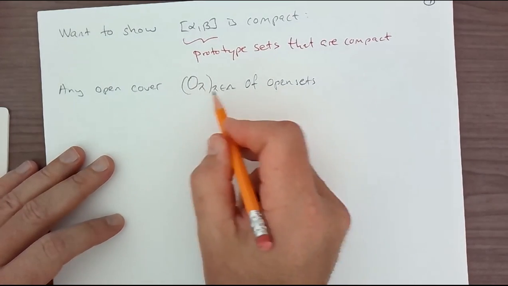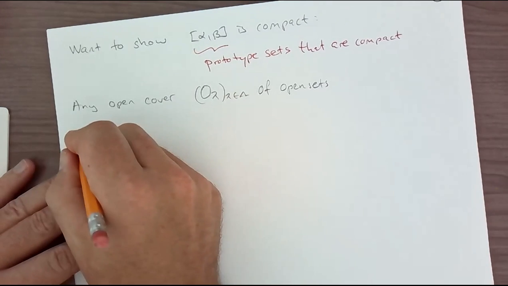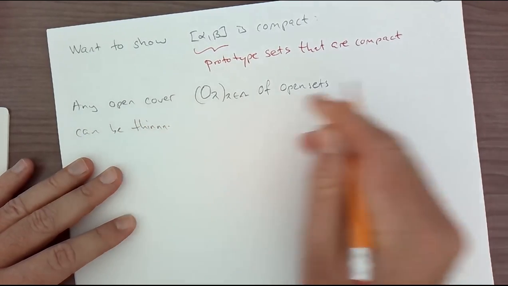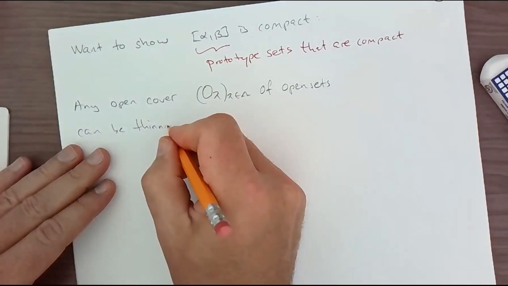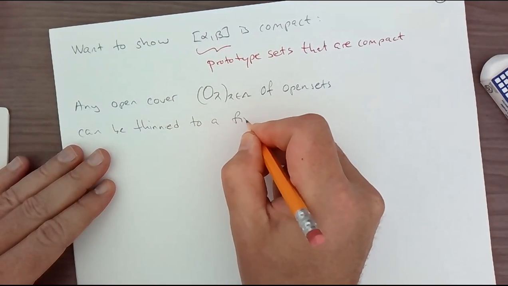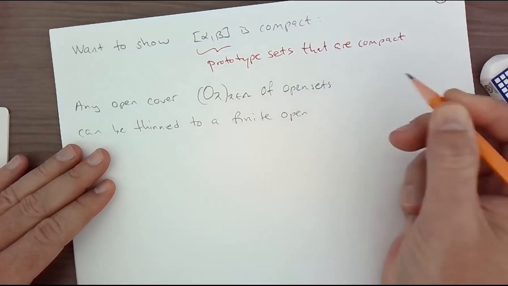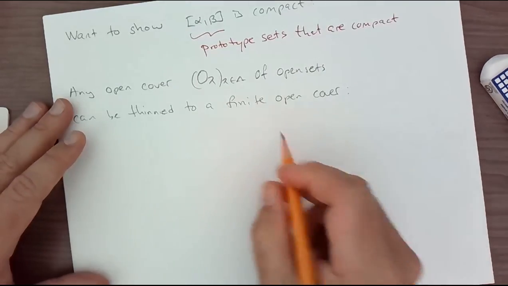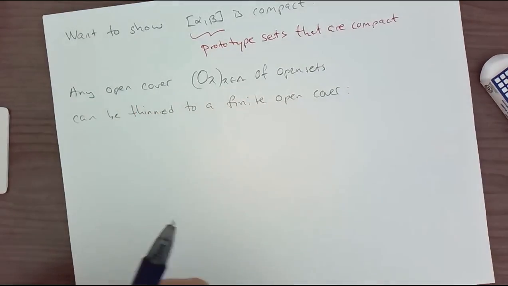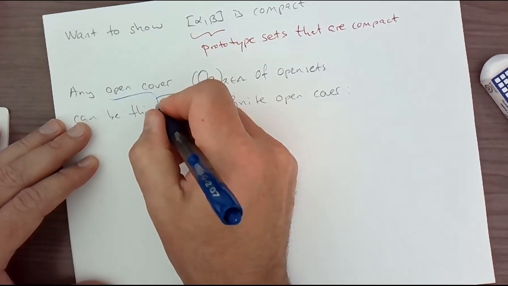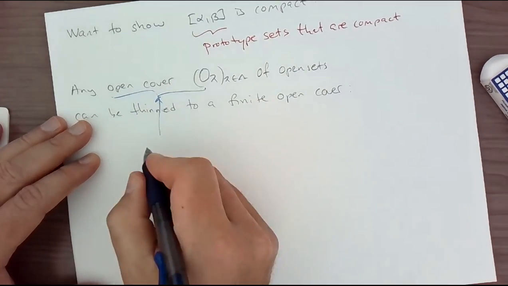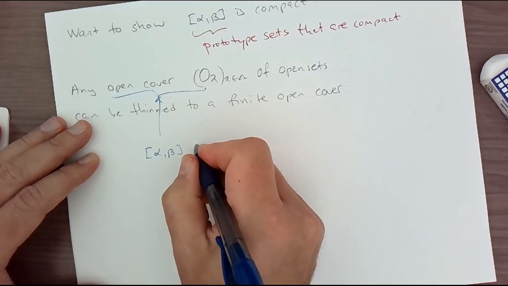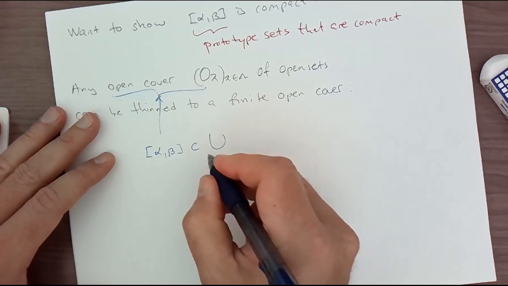So O lambda of open sets can be thinned to a finite open cover. Right? So what does it mean to be an open cover? That's this aspect here. Well, it means that this interval is covered by these open sets. Right? So the inside is a big union.